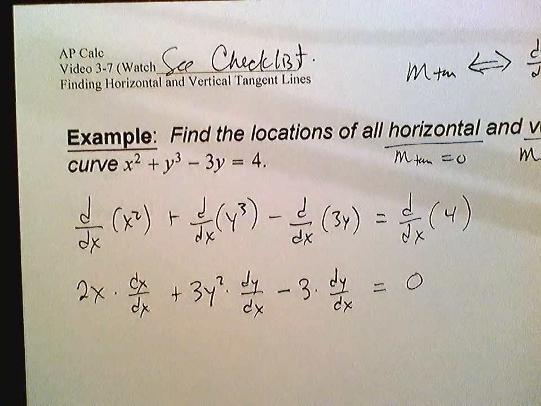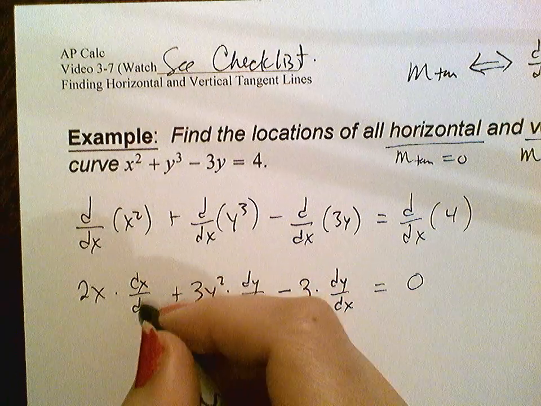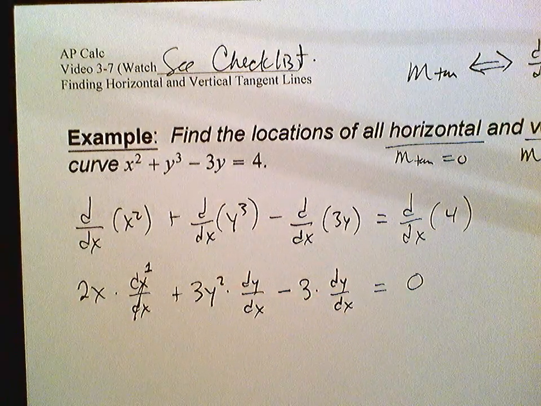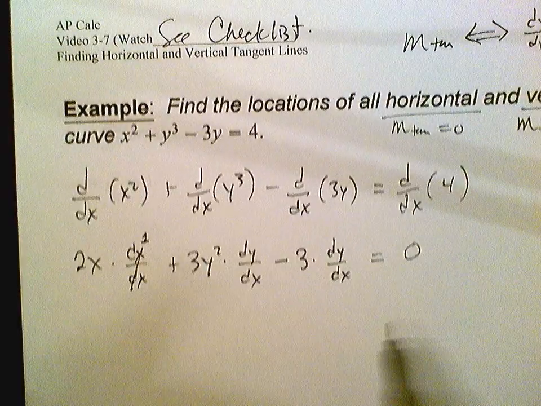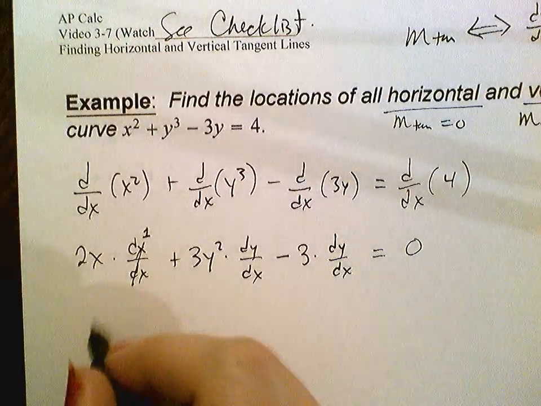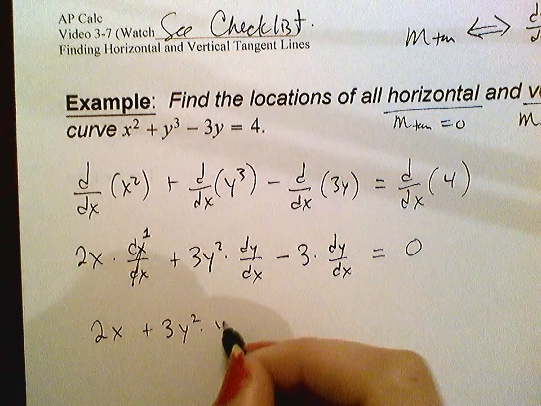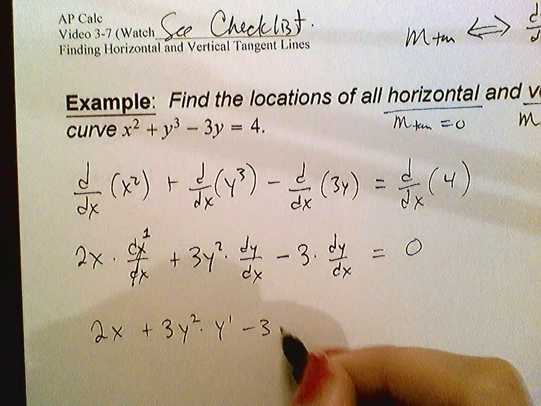So when you do implicit differentiation, after this step, you look for any dx dx, and you can just make that a 1. And then I'll change my dy dx's to y primes just because it makes it easier for me, but you don't have to do it that way. It's a little bit less writing.